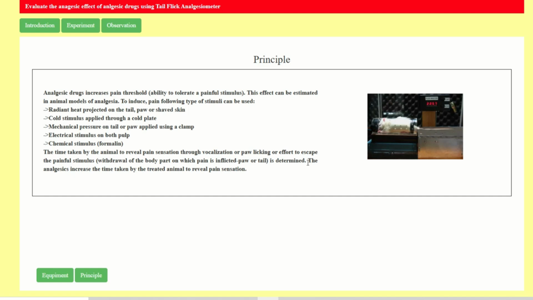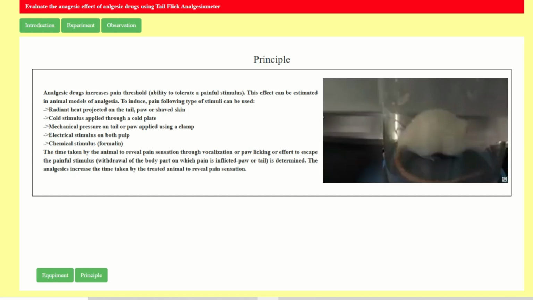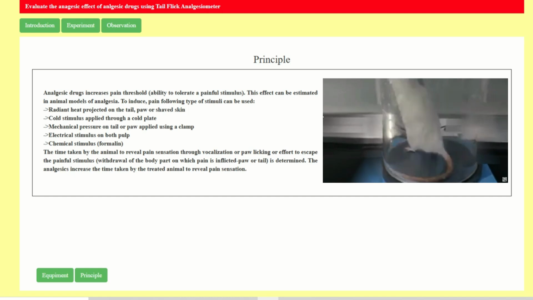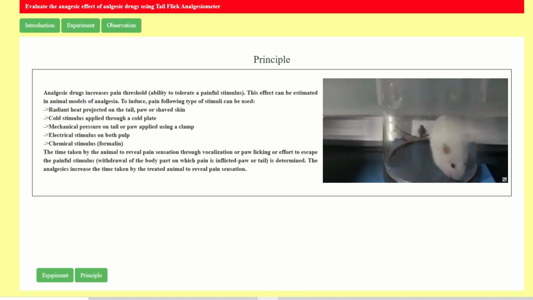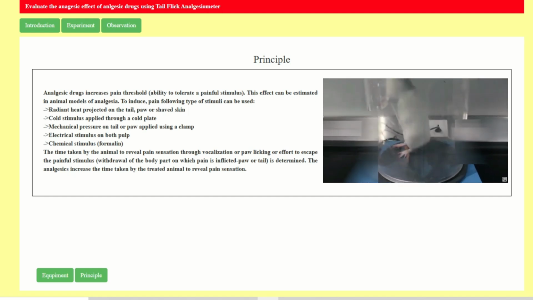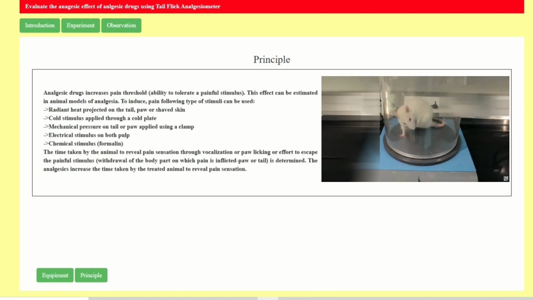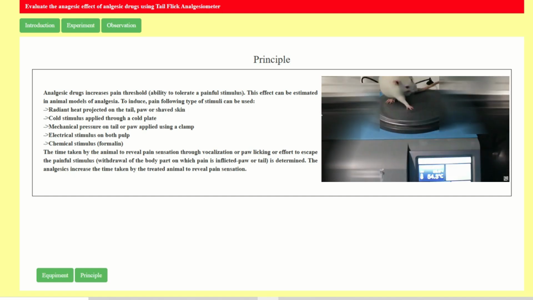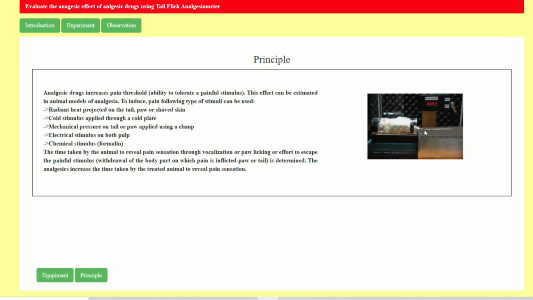We have seen in the hot plate, when we apply heat to the plate, the animal starts to jump, or sometimes starts licking its hind limbs. Likewise here also, when the animal perceives the pain sensation, it tries to move its tail. So the analgesic increases the time taken by the treated animal to reveal the pain.